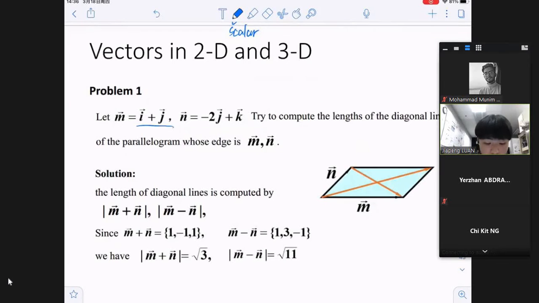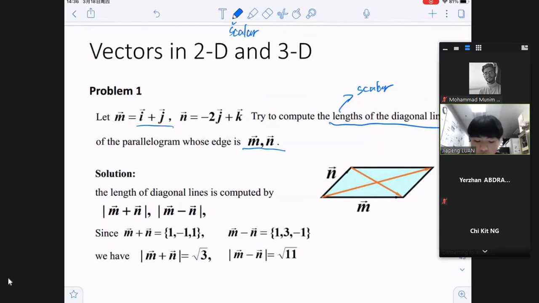You have a vector M and a vector N. Try to compute the length of the diagonal lines of the parallelogram whose edges are M and N. So it wants you to compute the length of the diagonal lines. You have to know that the length of a diagonal line is actually a scalar.